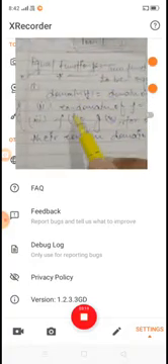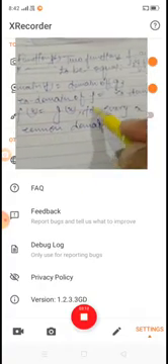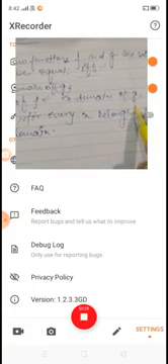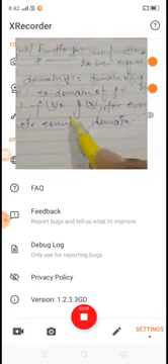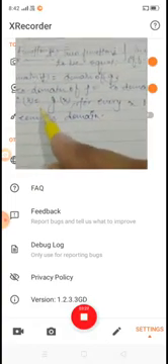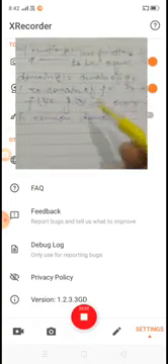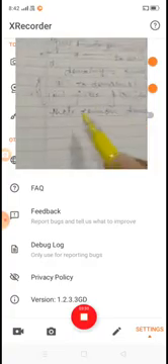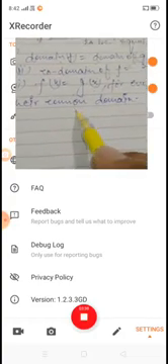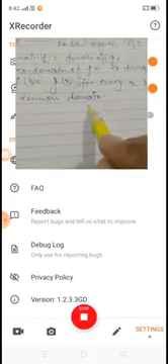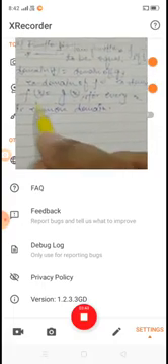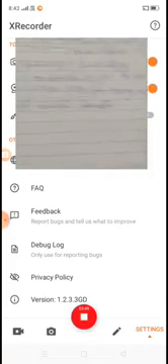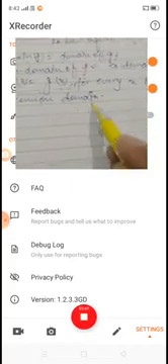Second, the codomain of function f is equal to the codomain of function g. And third and very important condition is that f of x is equal to g of x for every x belonging to their common domain.